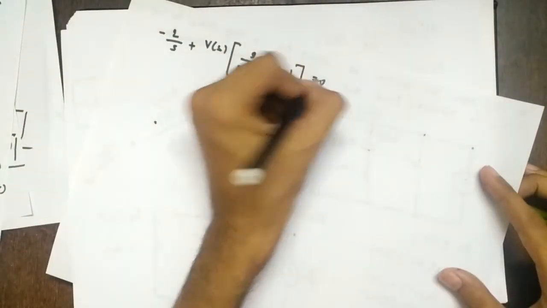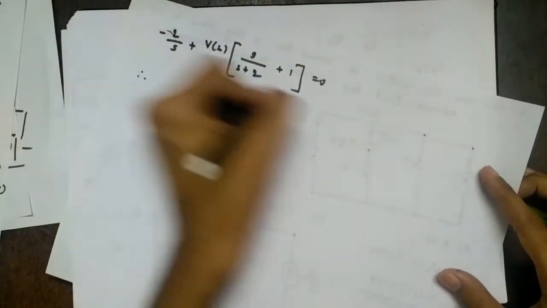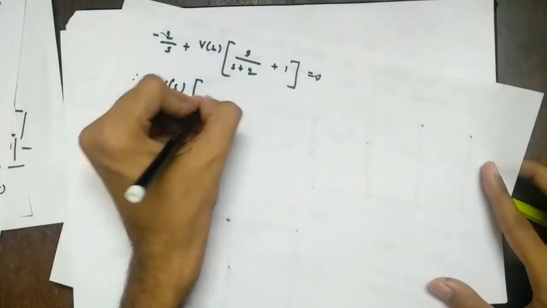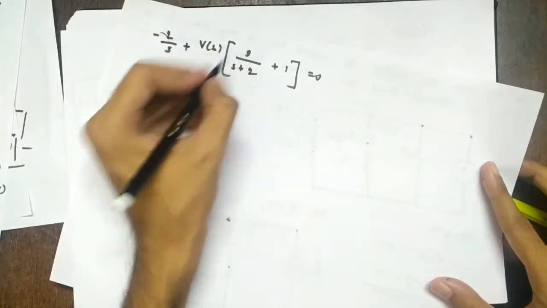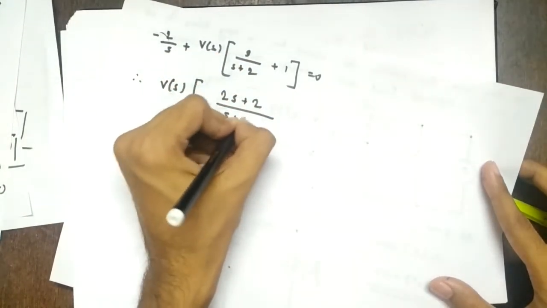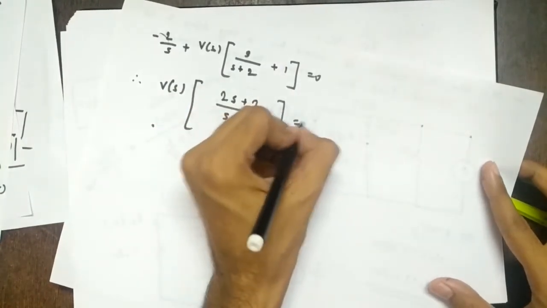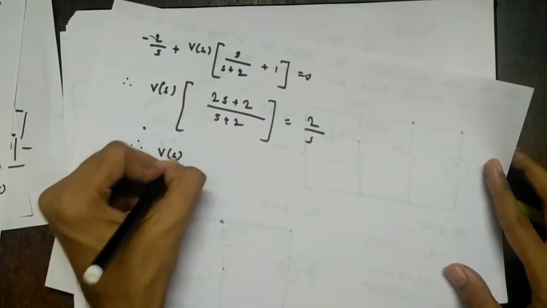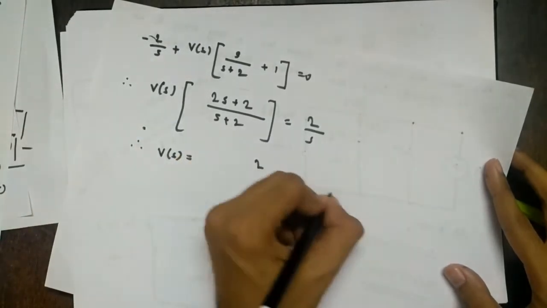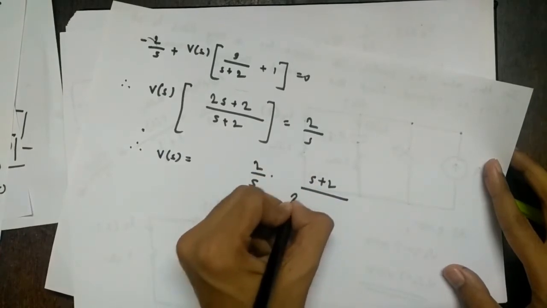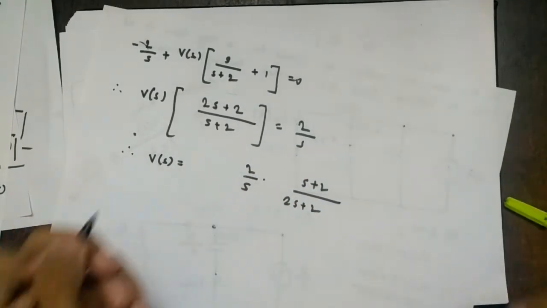Am I correct? Yes, equal to 0. To simplify, I can take this to the right hand side. So V of S into S plus 2 plus S, so 2S plus 2 upon S plus 2, equal to 2 by S. Therefore V of S equals 2 by S times S plus 2 upon 2S plus 2.